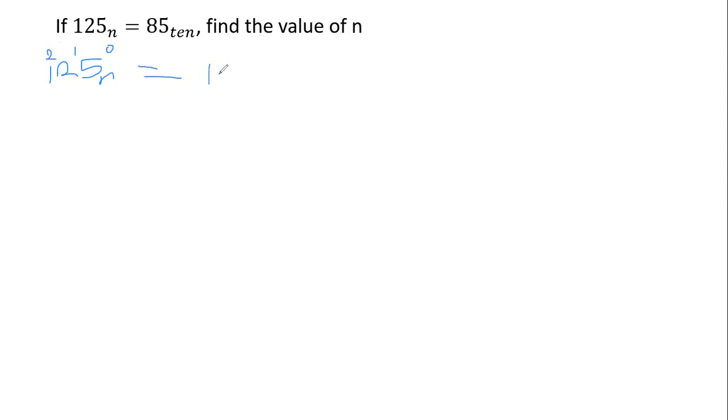So this would be the same as 1 times n to power 2 plus 2 times n to power 1 plus 5 times n to power 0.